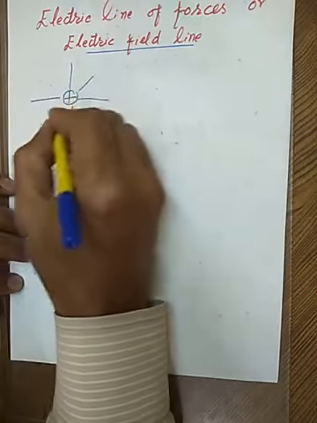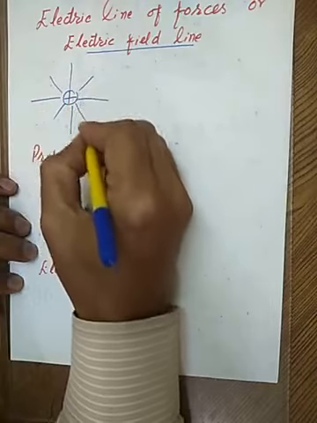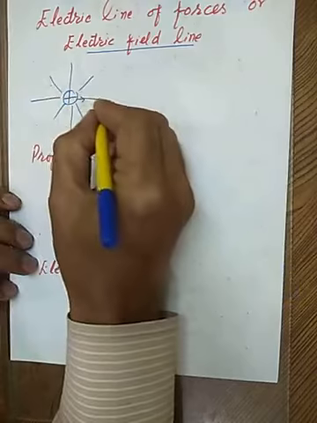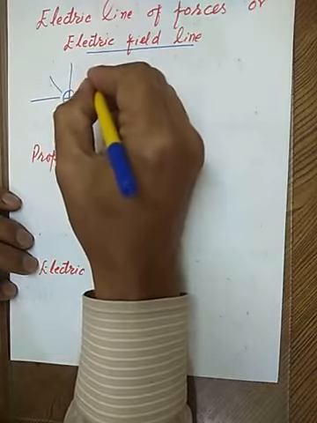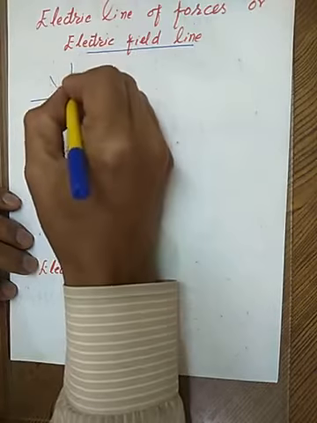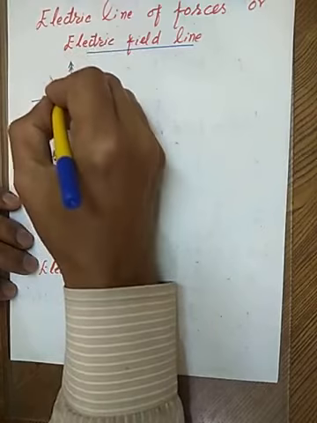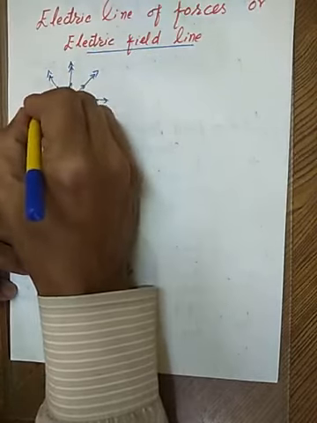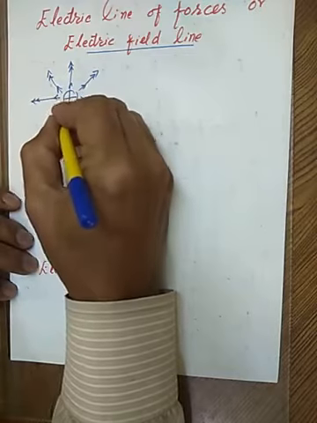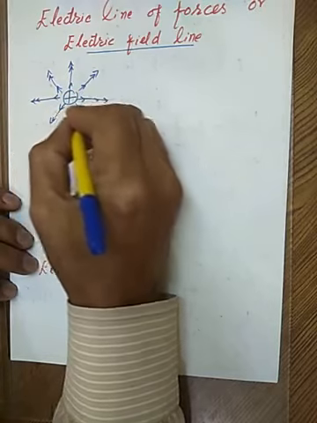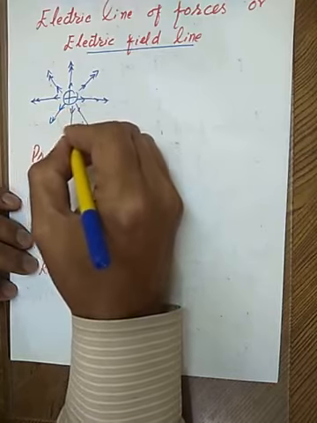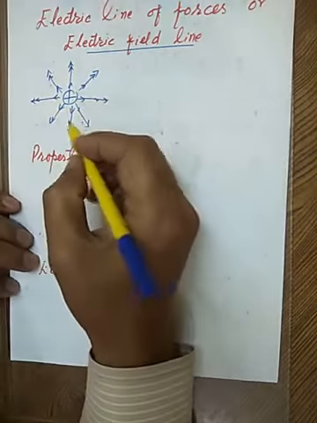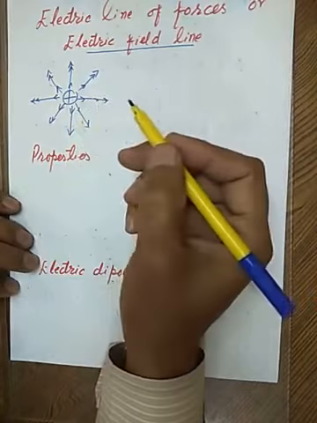Their distribution around the positive charge is radially outwards, and their strength in this radially outward direction goes on decreasing with distance. Means its value decreases as we move away.